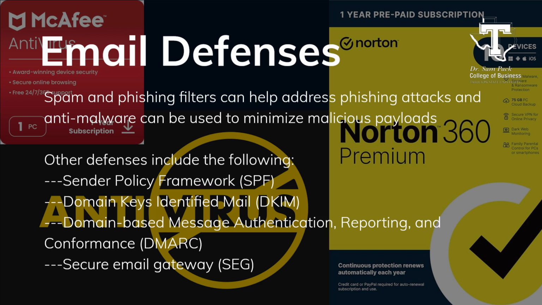Domain Keys Identified Mail (DKIM) adds a digital signature to ensure the email's integrity. Domain-based message authentication, reporting, and conformance, DMARC, combines SPF and DKIM to improve email authentication. Secure Email Gateway, SEG, monitors and filters email traffic to enhance security. These measures work together to protect your email communications from various threats.